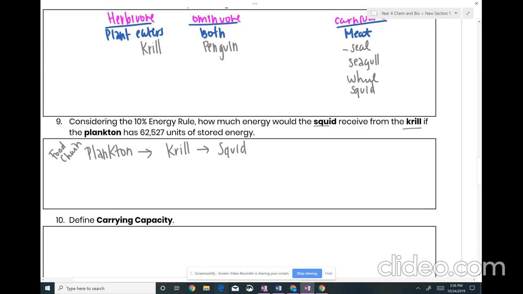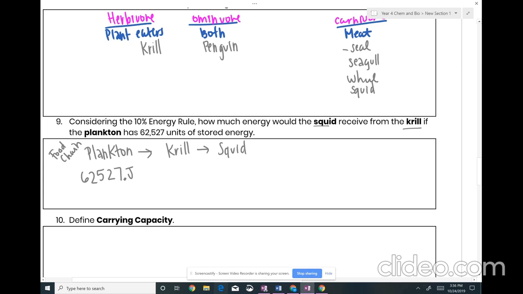And at the bottom of the food chain is 62527 joules of energy, right? So now I have to use my 10% rule.